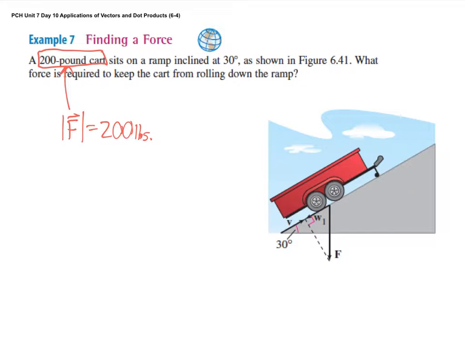Yeah. Okay, W1 is the amount of force pushing the cart down the ramp. If V is supposed to counter that, keep it from rolling down, it's got to be the same magnitude. So we want to find the force required to keep the cart from rolling down the ramp. That is the magnitude of V, which will equal the magnitude of W1.